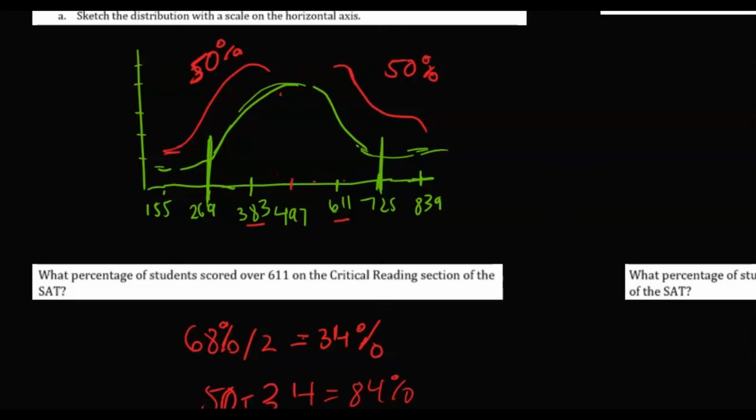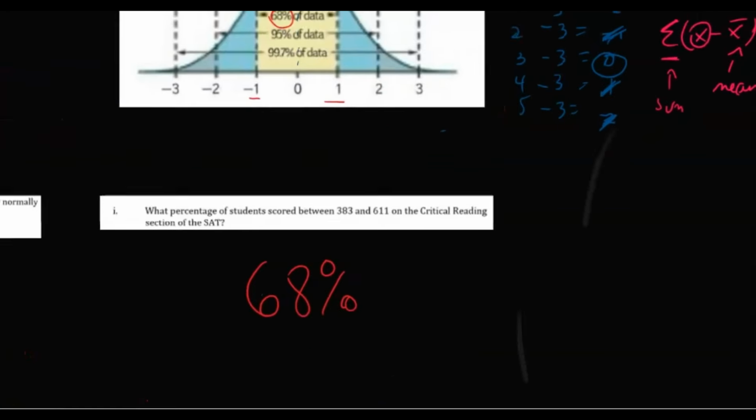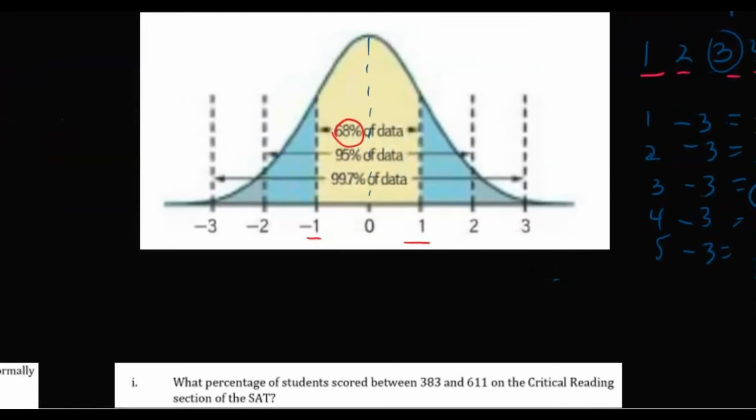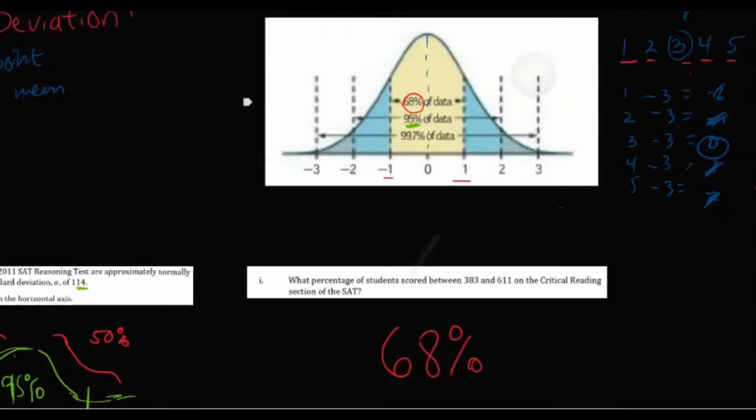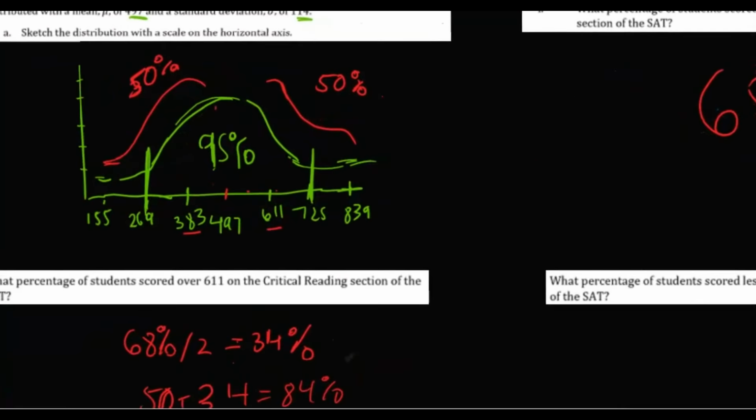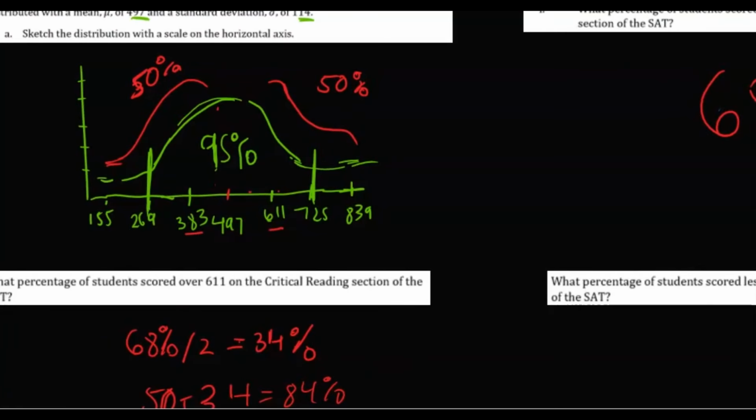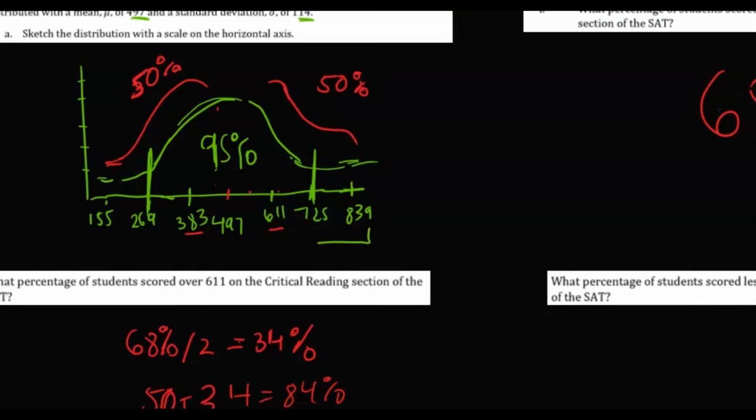So this entire thing encompassing is going to be 95% because remember about our chart above, everything within 2 standard deviations, 95%. And so you might think, 100 minus 95 is 5%. No, because we're looking for everything under 269, but the problem is we still have this little space here for the other side. So this is also going to be a part of that 5%.